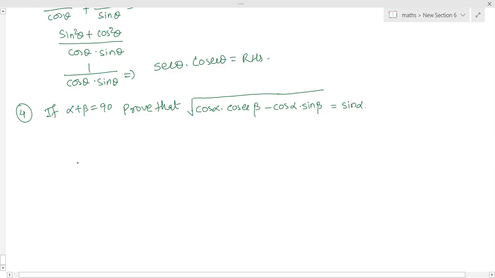So it's given that alpha plus beta is equal to 90 degree. So we can take beta is equal to 90 degree minus alpha.